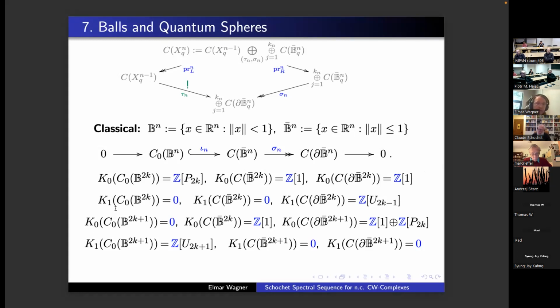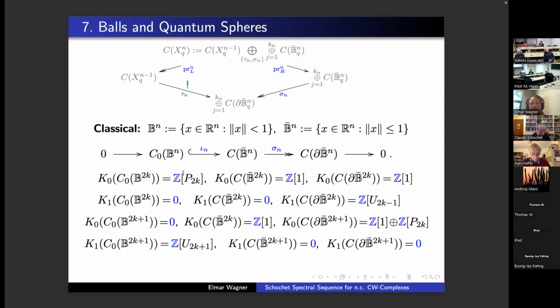And then we go to look at the odd balls. K0 now is trivial, same closed ball is K0 of a point, and the boundary of an odd ball is an even sphere. So we have one trivial generator that comes from the one, but there's this spot type generator, one non-trivial. And in the case of a classical ball, these are actually more or less the same generators.